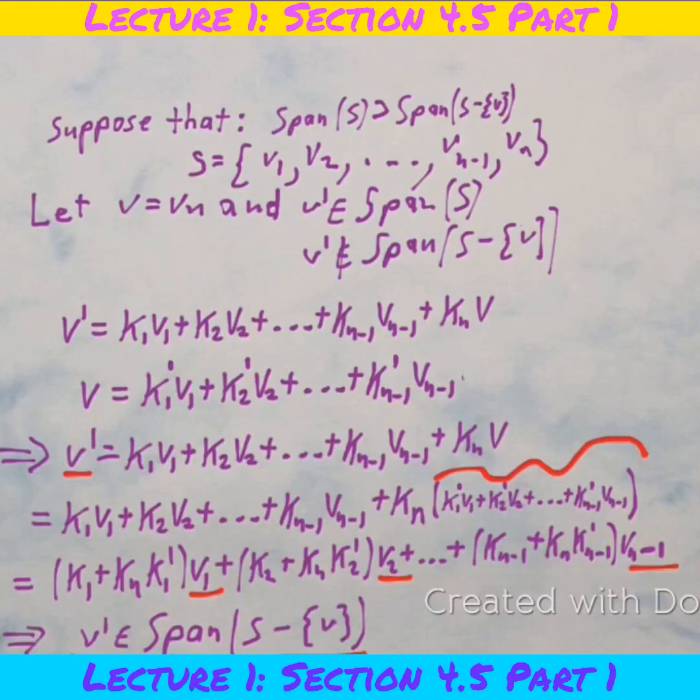Okay, so what have I shown? I've taken a vector that lies in the span of S, and remember originally we assumed that V prime is not in the span of S minus V, but here I'm showing that it is in fact in the span of S minus V, so therefore we get a contradiction.